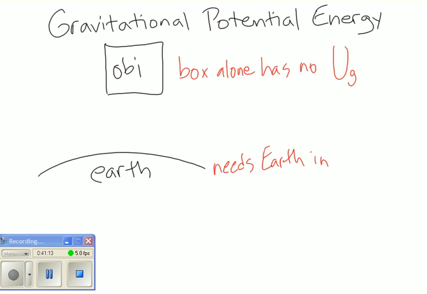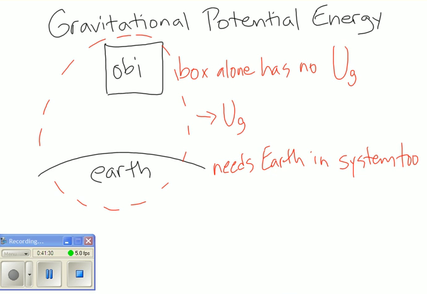The box by itself can't do anything. So we would only say that it is the system of the object and the Earth that together has some U_G, some gravitational potential energy. It's not that.